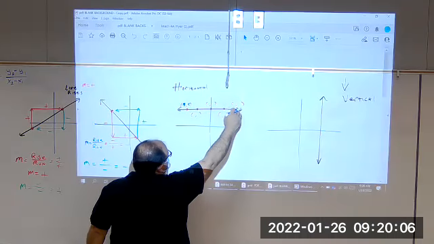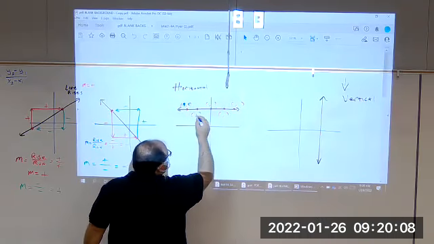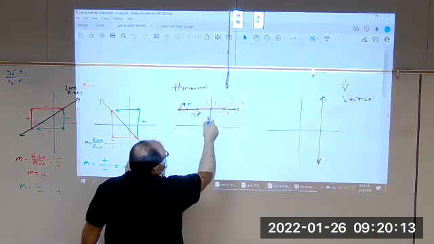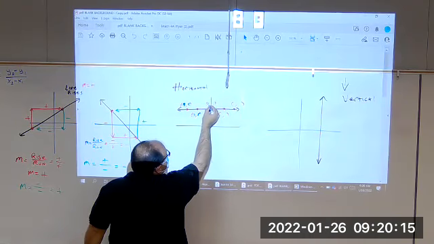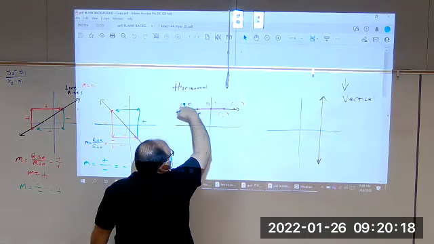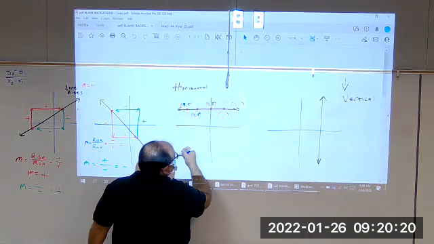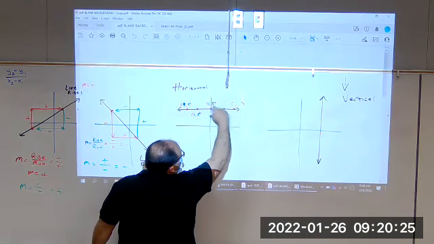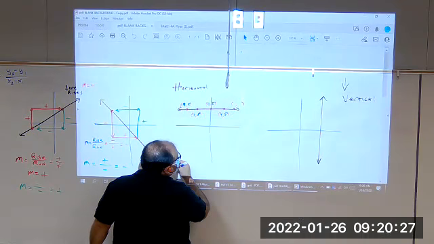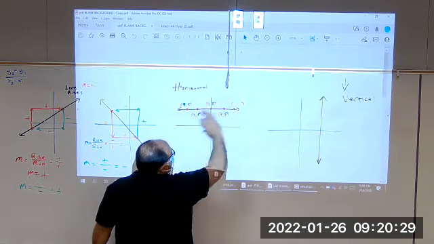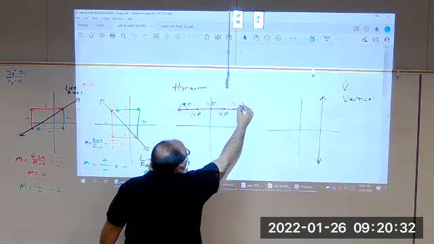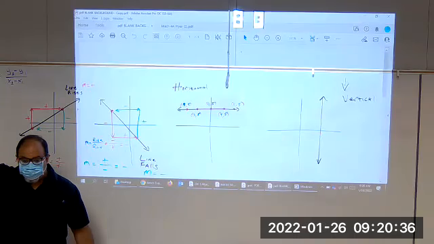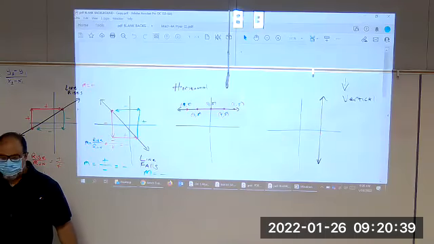To keep it horizontal, the x is definitely changing. Maybe this is negative 3, but the y has to be a 5. Right here on the y-axis, x would be a 0. To keep it level, the y would have to be a 5. Over here, maybe this is a 4, the y would have to be a 5. And maybe over here, way over there, maybe it's at like 11, but the y would have to be a 5. To keep it level horizontally, the y's have to be the same number.